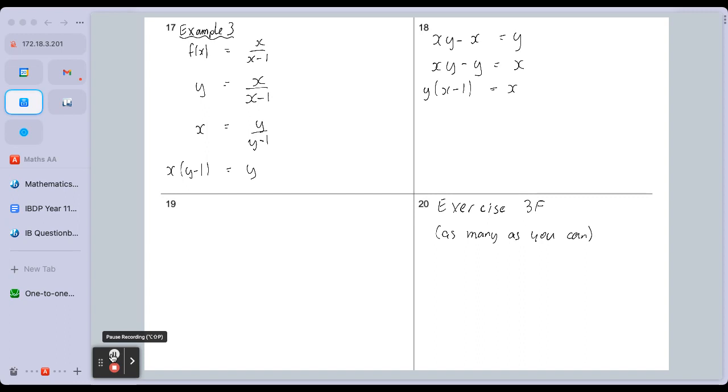So we're dividing both sides by x minus 1, and we'll get y equals x over x minus 1, i.e. f inverse of x is equal to x over x minus 1. And what do you notice about that? The same as the original function, isn't it? So we call that kind of function self-invertible.